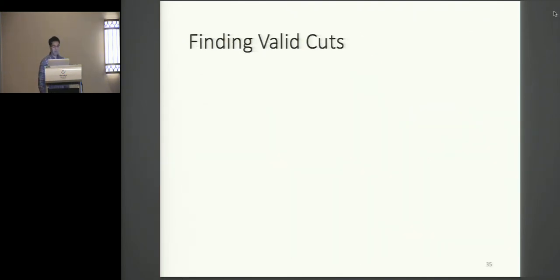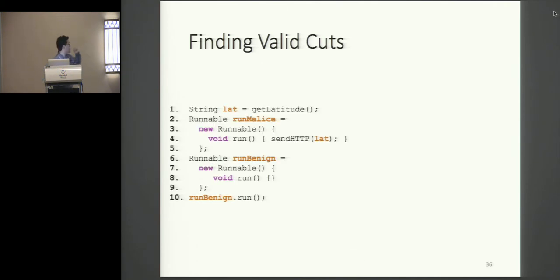So now I'll go into a little bit more detail about how we actually find valid cuts. Just as an example, we have the following app on the left-hand side. At a high level, it has two runnables, and it's going to call one of them.